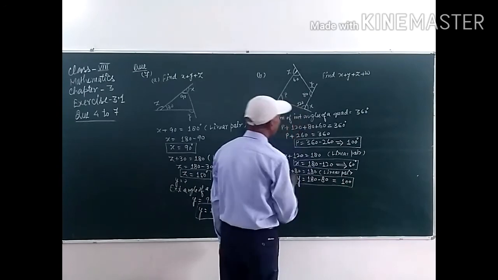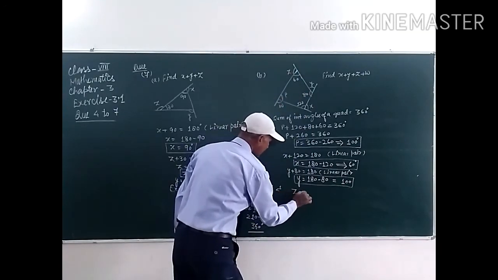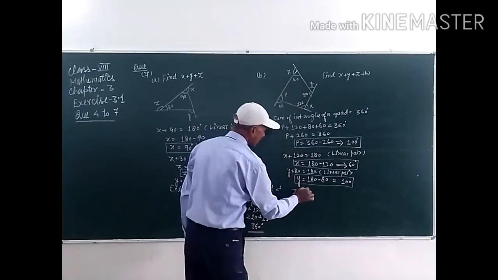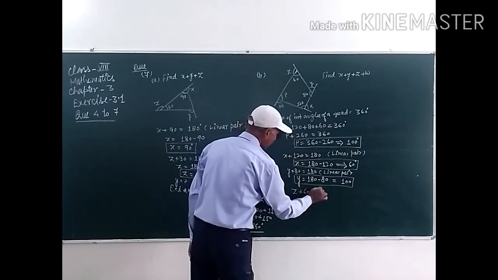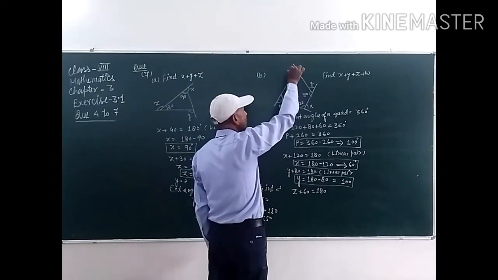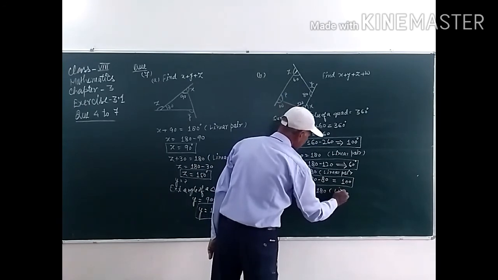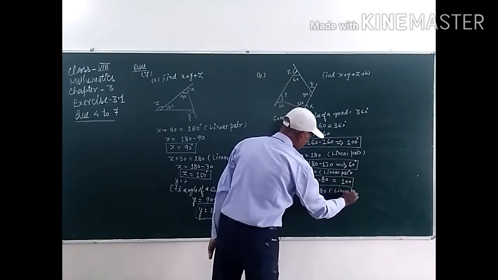Now the value of z. Z plus 60 is equal to 180 degrees. These two angles are on a line, so these are linear pairs.